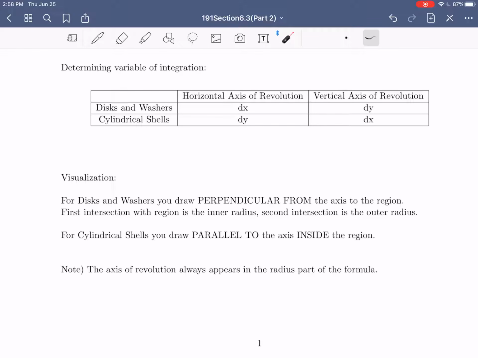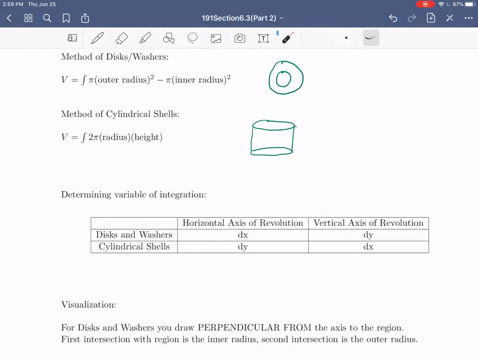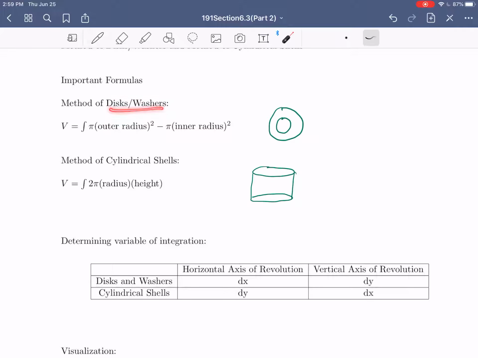So the formula for the axis of revolution, if it's a non-standard axis, something like y equals 5 or x equals -2, that's always going to appear in the radius part of the formula. Now, when I say radius part of the formula, obviously in discs and washers, everything is a radius part of the formula, but in cylindrical shells, the radius part of the formula is right here. So in other words, the axis of revolution is never going to appear in the height component of this method of cylindrical shells.